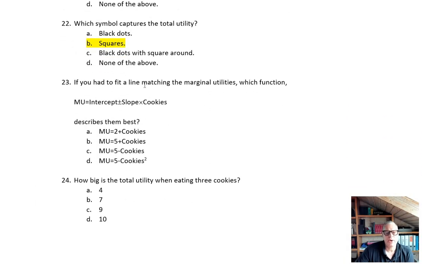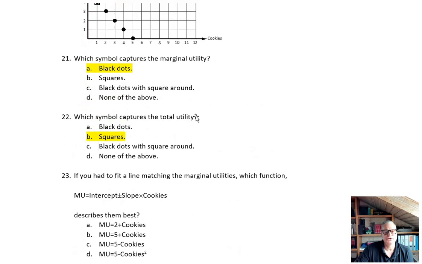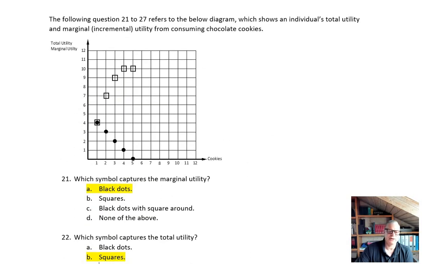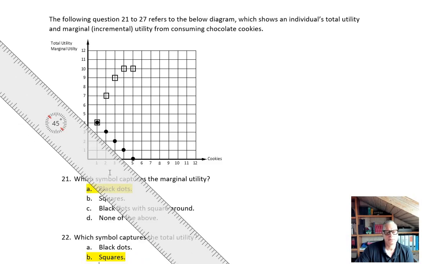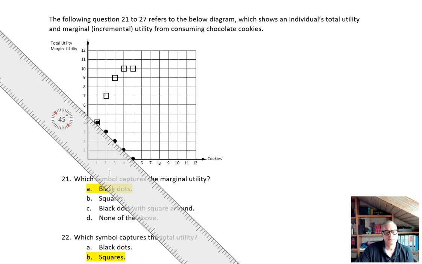Okay, so if you had to fit a line matching the marginal utilities, which function, marginal utility, intercept, let's start with an intercept, plus minus the slope. What is the intercept here? If we fit a line, so let me see, I can fit here a ruler. So here I can fit a line.